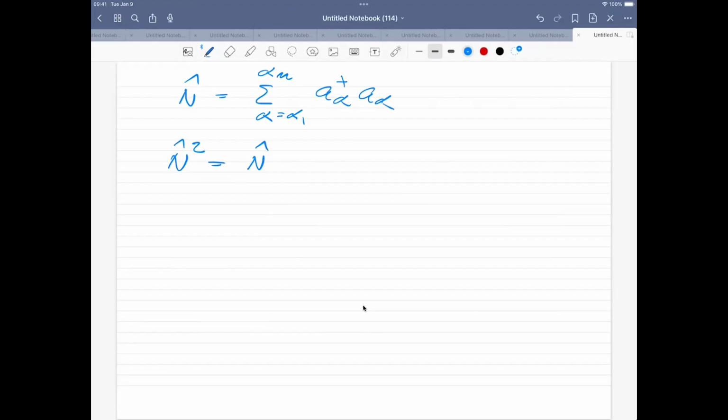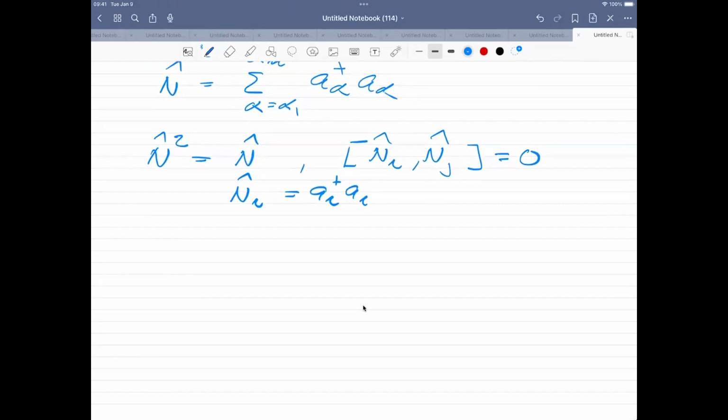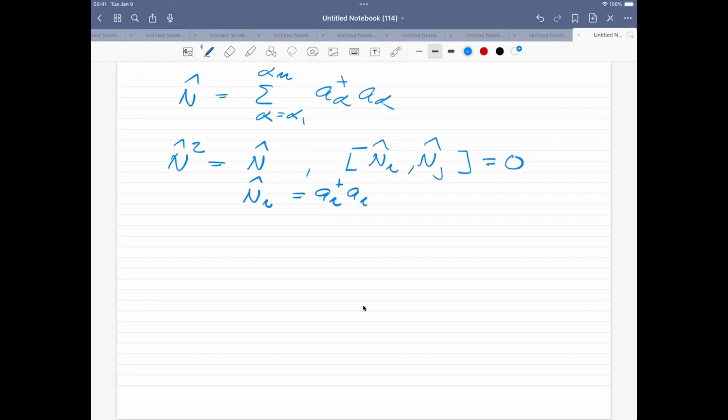The other property with this operator is that if we take a specific component, so let's just take one of these components and write this as A_i dagger A_i, and then take the commutator between two of these components, the standard commutator, this is equal to 0, so they commute with each other. This is actually easy to see. You will get this as a kind of exercise next week.